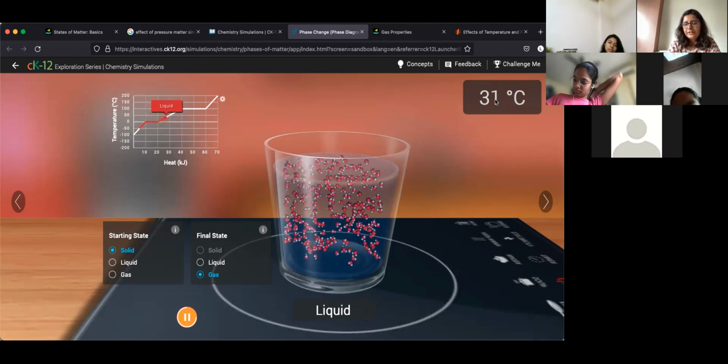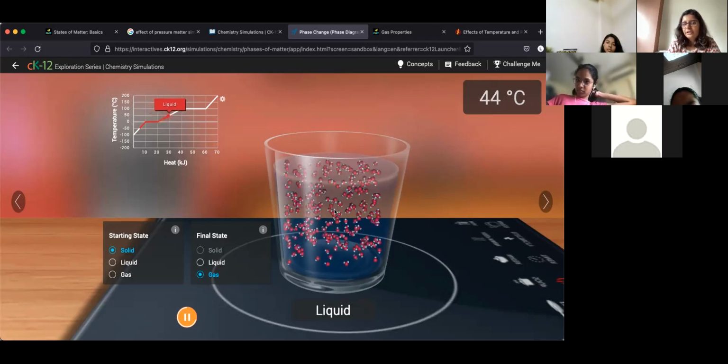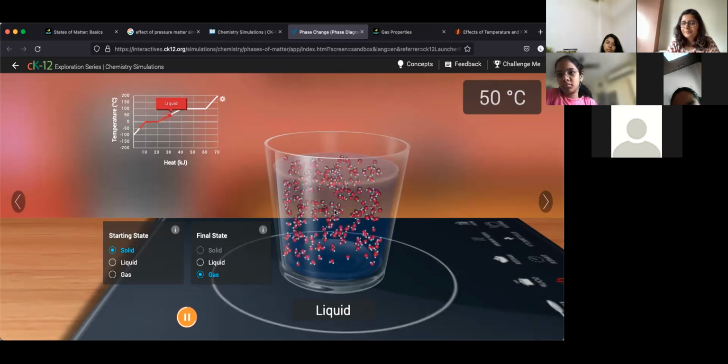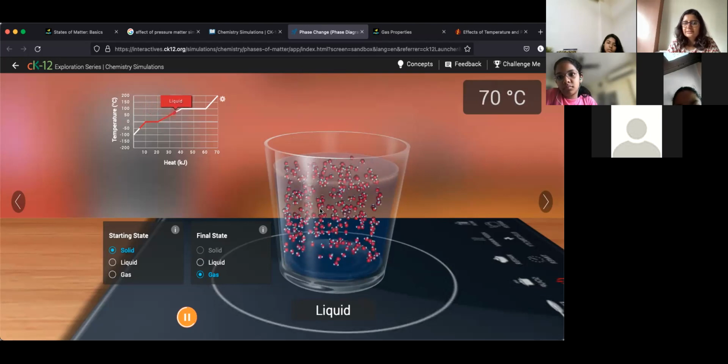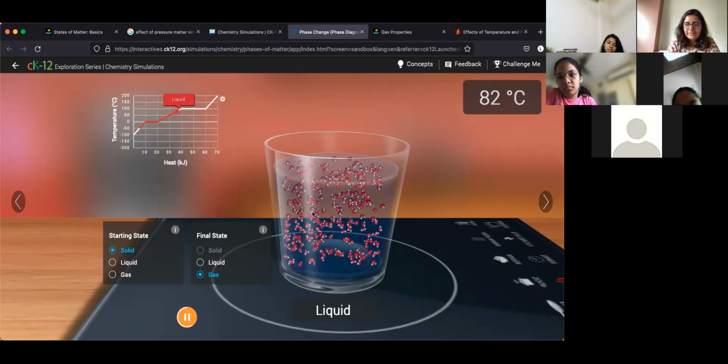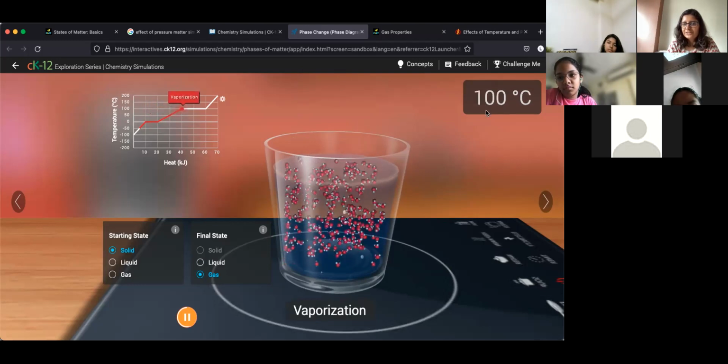So now it's gone to 28, 29, 30, 30s, still water, 40s, 50s, 60s, 70s, 80s. So slowly you can see that motion is also increasing. It's getting faster and faster as temperature increases.